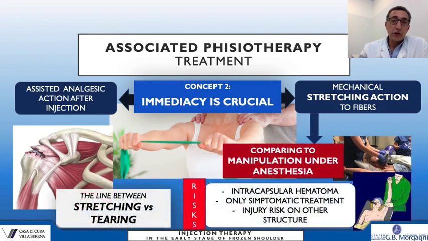We don't want any effect like anesthesia, like many years ago, or like other people do, because stretch is something. The risk of doing it under anesthesia is to tear the tissue, tear the capsule, and destroy the cuff there, and this is really great damage for the patient.